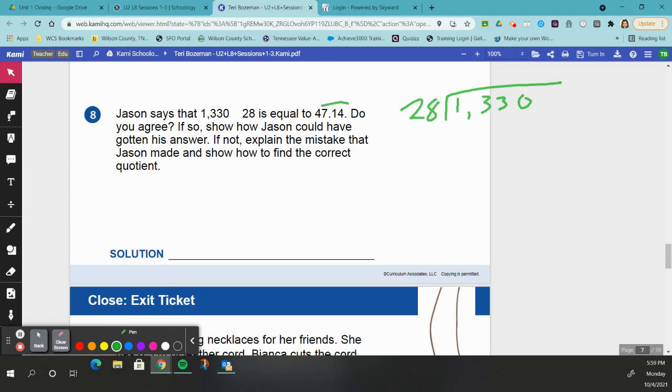And they're saying that this is the answer that you would get. So you're going to follow your standard algorithm steps to solve the division. Again, you're welcome to use a calculator to check or message me and ask a question if you need to. But you're going to find your quotient there and see if this is correct. If this is not correct, then you're going to try to figure out what his mistake might have been.